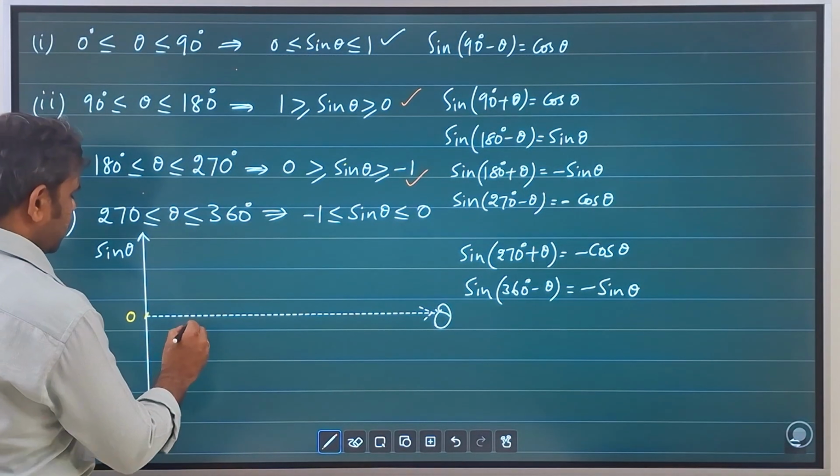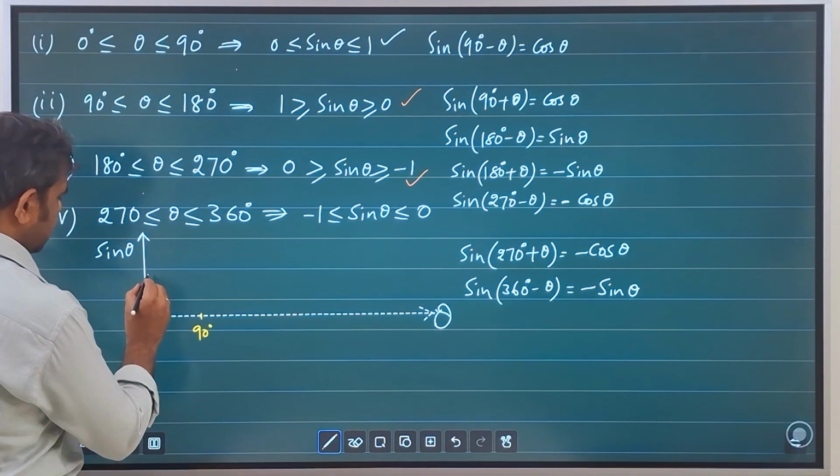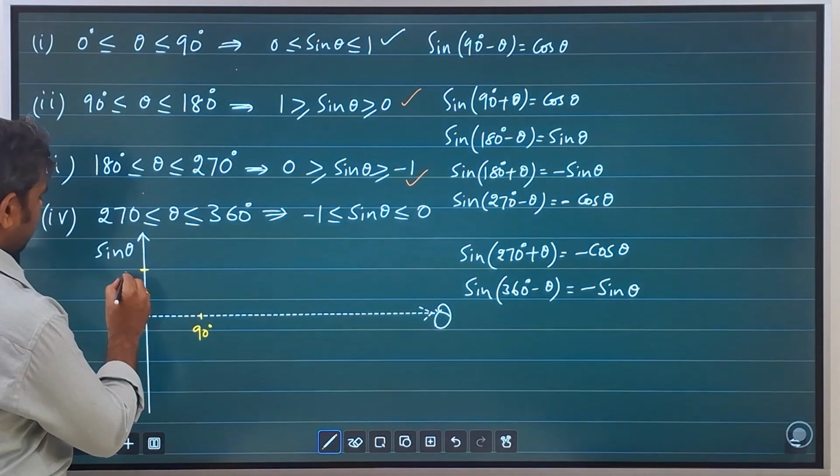When theta is equal to 90 degrees, the value of sine theta is equal to plus 1.